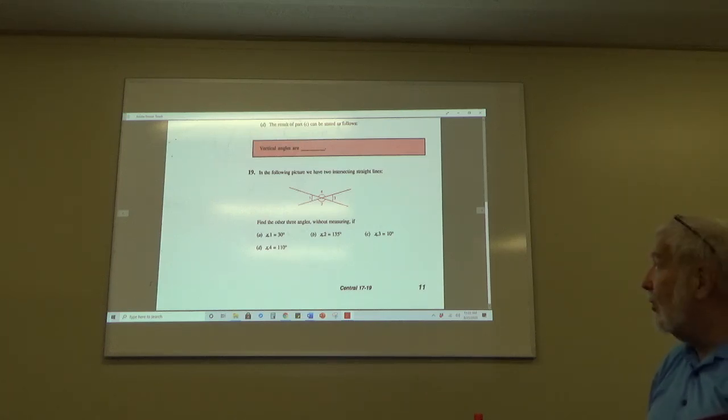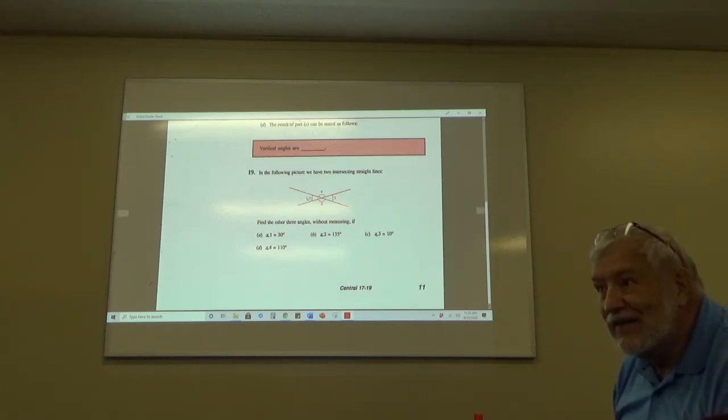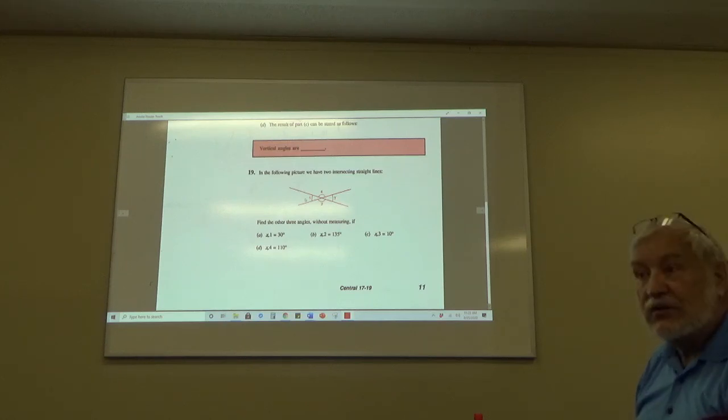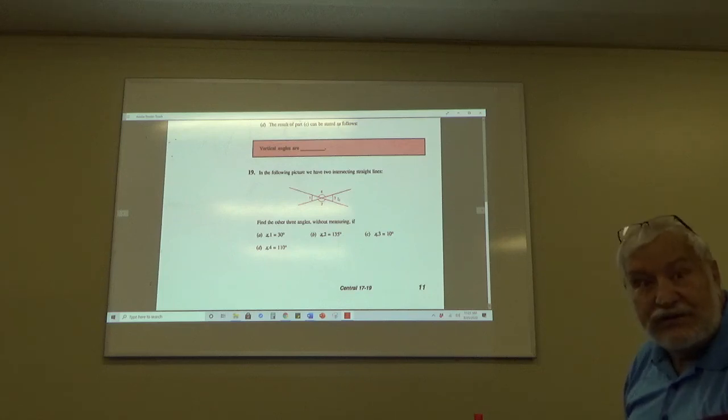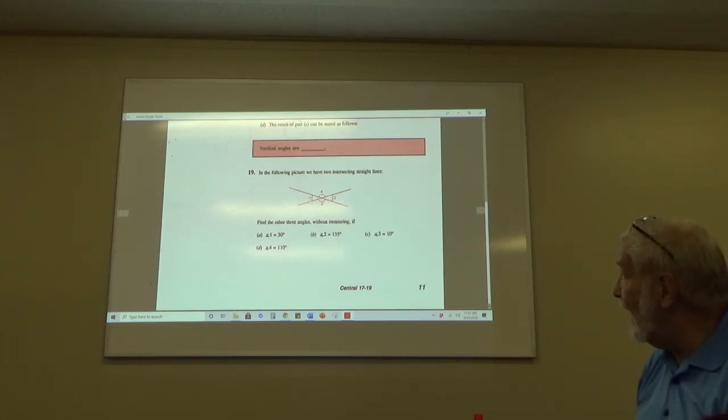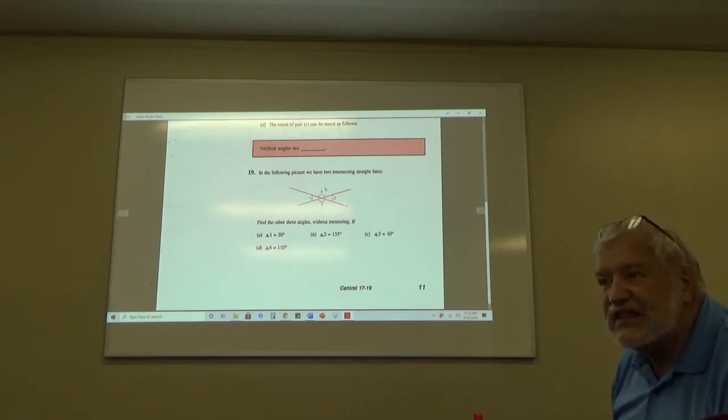Now, if I were doing this, I would say angle 1 is 110 degrees. Why would I do that? It's not to scale, is it? But if angle 1 is 110, then angle 3 has to be 110, because they're vertical angles. And if angle 3 is 110, then angle 4 is 70.